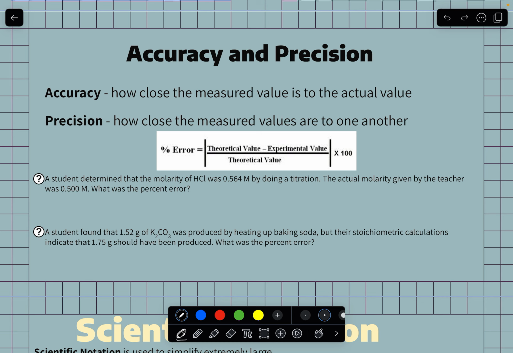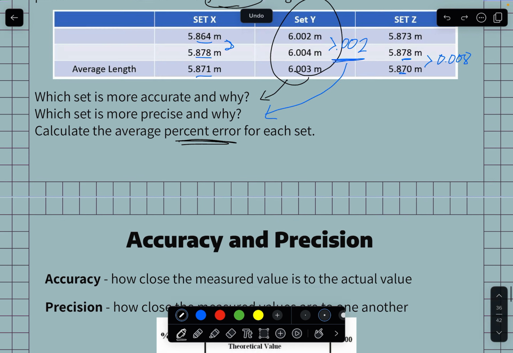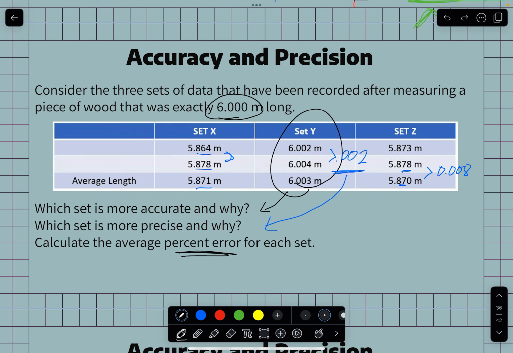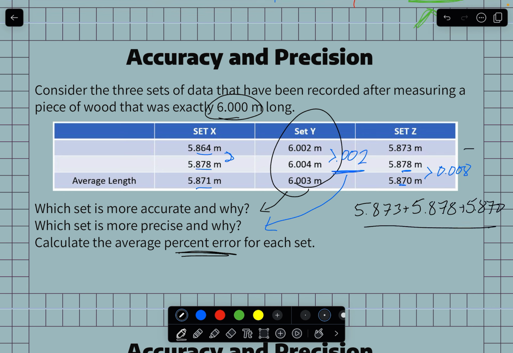When you're taking your experimental value, you'll normally take the mean of it. So if we go back to our table above, you'll normally take the mean of these. For set Z, the mean is if you add your numbers together, so 5.873 plus 5.878 plus 5.870, and divide by the number of data points you have. So here we have 1, 2, 3, so divided by 3.